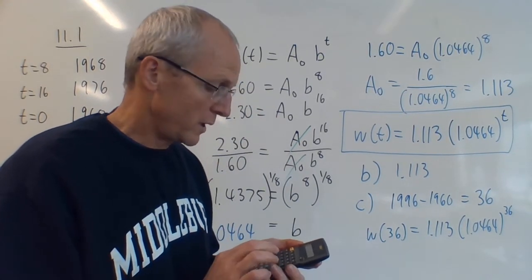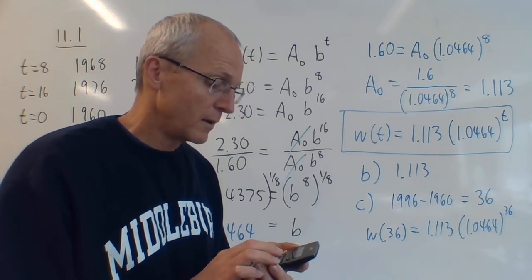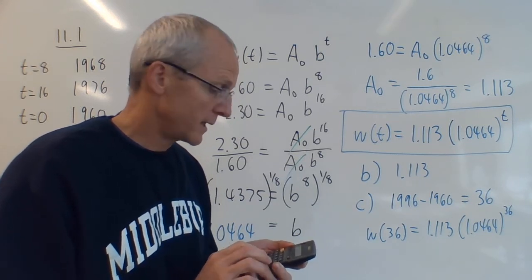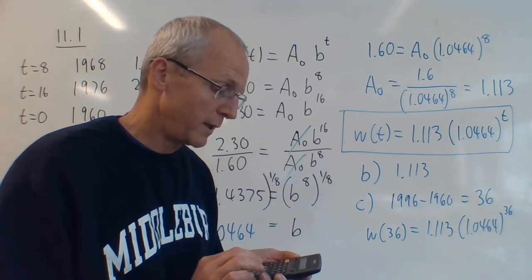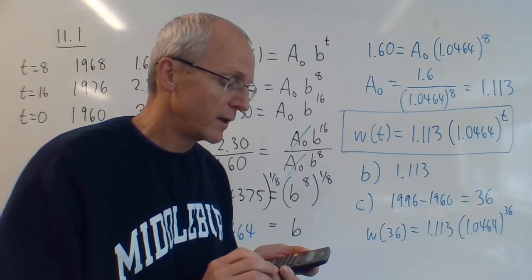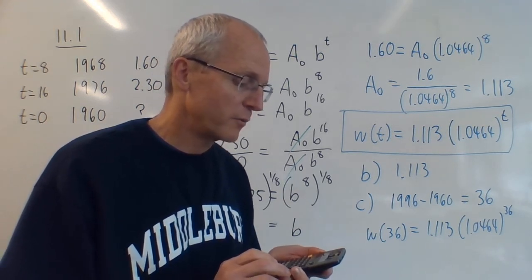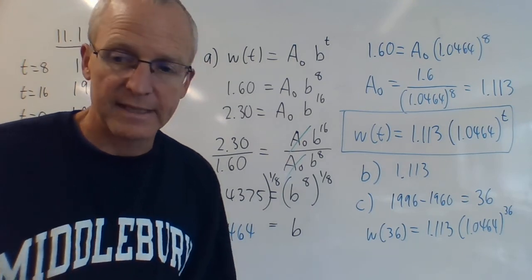So 1.0464 to the 36 times 1.113. Okay, I got 5.6965. That's about 5.70. Rounding off to the nearest penny, 5.70.